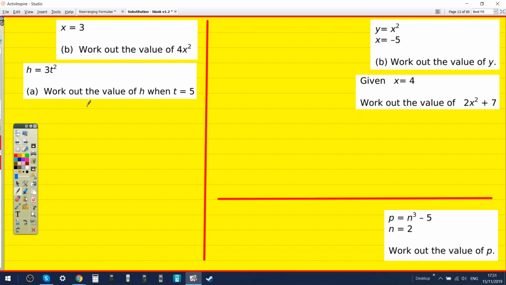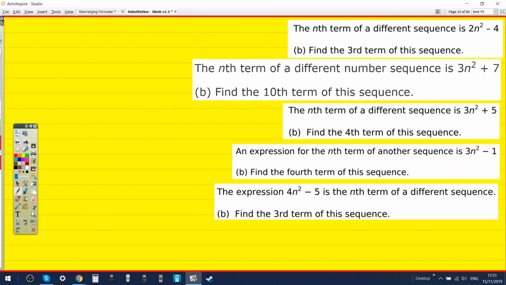Okay, how do you do this one bottom left? So 3 times 5 squared is, is it 75? Yes. So h equals 75. That's it. How would you do the very last one?